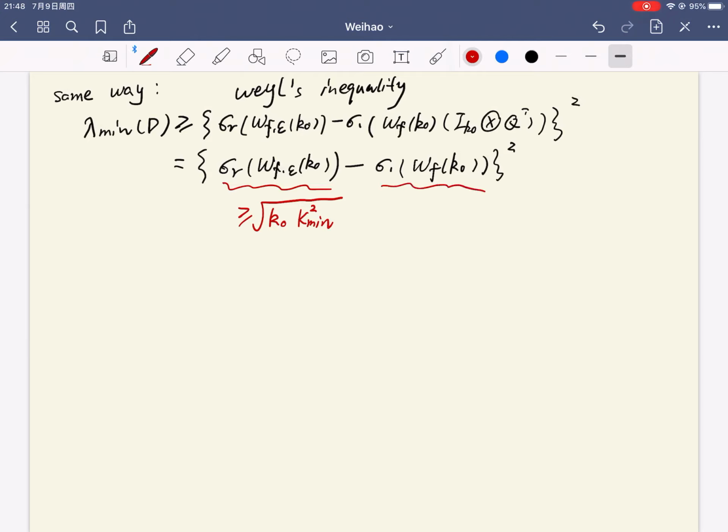And the second term, which is lemma 2, is of order p power 1 minus delta. Since we assume that p power 1 minus delta is little o of kappa min, this is kappa min up to some constant. So we got that kappa min square is big O of the suppression.